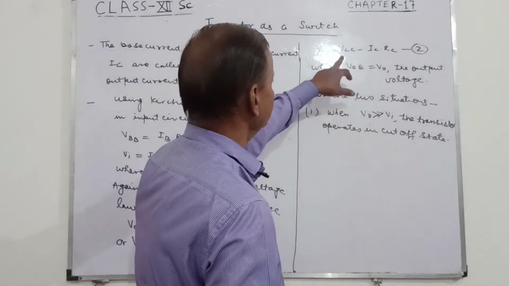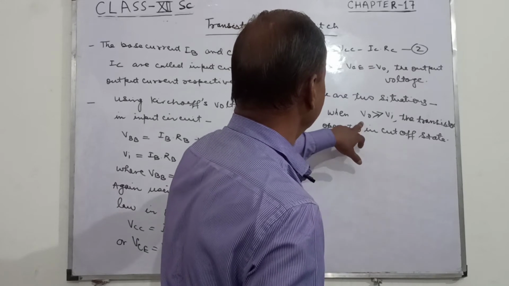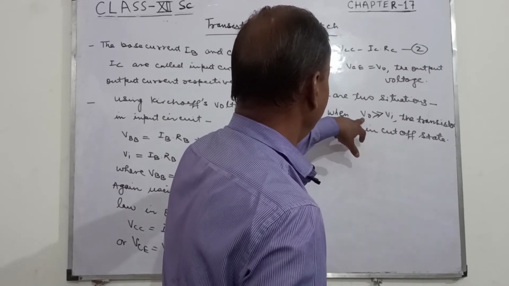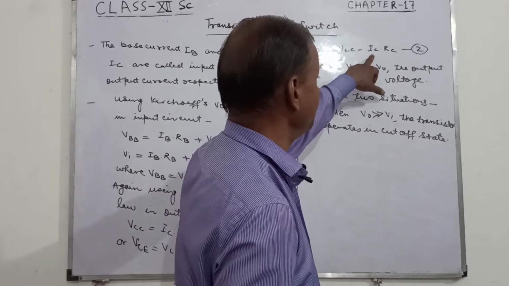And in this condition, we can see from equation 2 that if V naught is very much greater than Vi, then IC is very small.